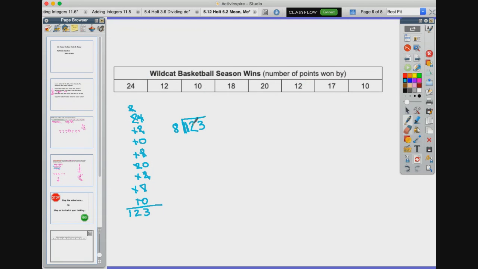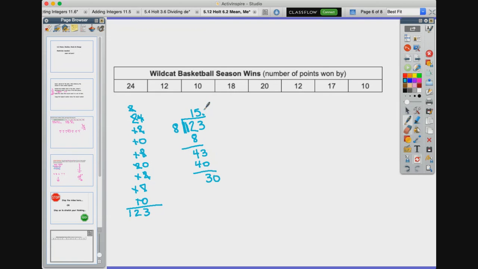8 goes into 12 one time. 1 times 8 is 8. We subtract it and bring down. 8 goes into 43 5 times. 5 times 8 is 40. And you have a 3 left over, decimal point, and a 0.